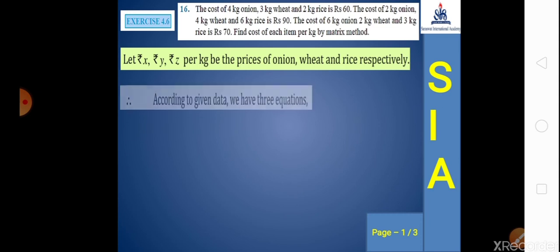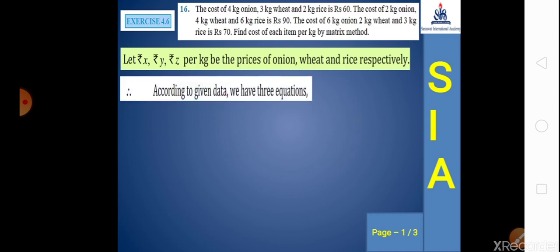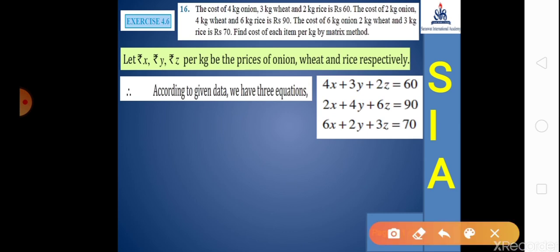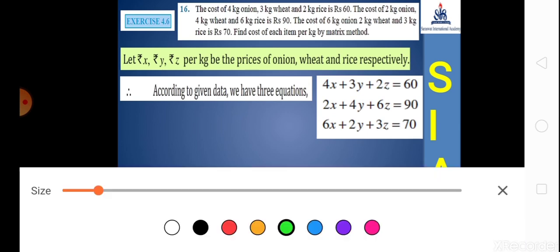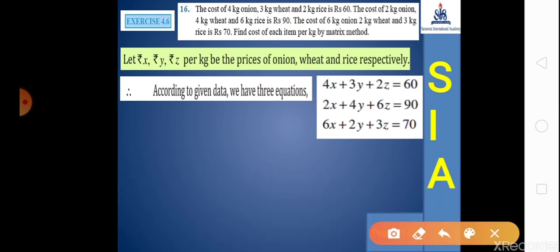So the first equation is ready according to the given data: 4x plus 3y plus 2z is equal to 60. Why write this? Read the first line: the cost of 4 kg onion, 3 kg wheat and 2 kg rice is 60 rupees. Similarly read the second and third equations, and you get the 3 equations.